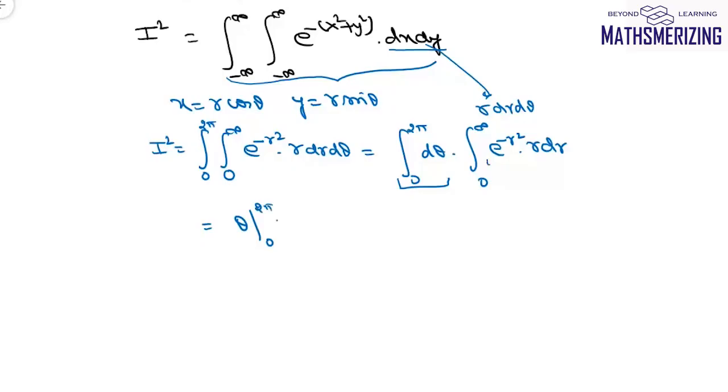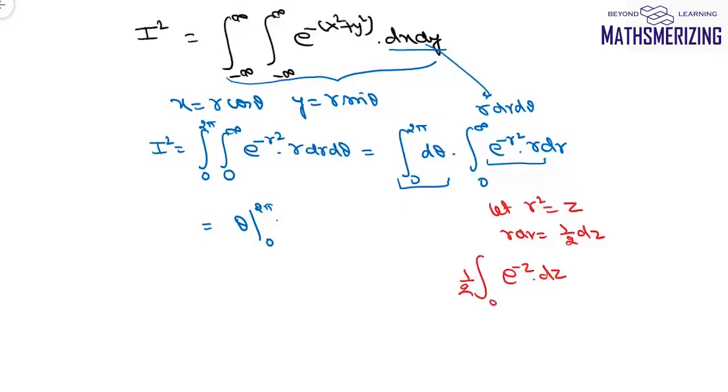Now what about the second integral? It is again a simple integral which can be solved by substitution. Let r squared be z. Then r dr is 1 upon 2 dz. So I can change this integral to 1 by 2 times the integral of e to the power minus z dz.